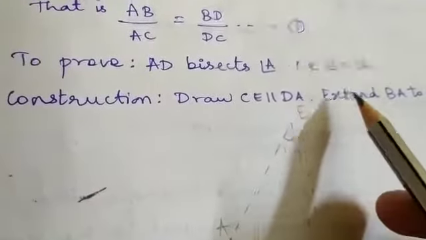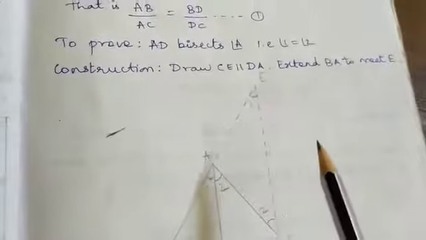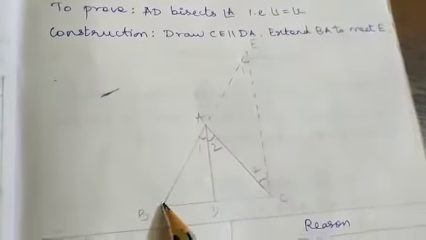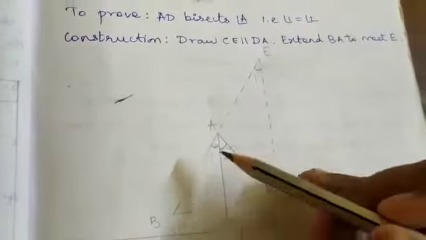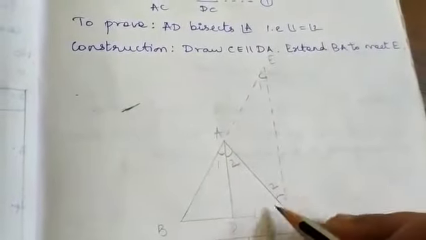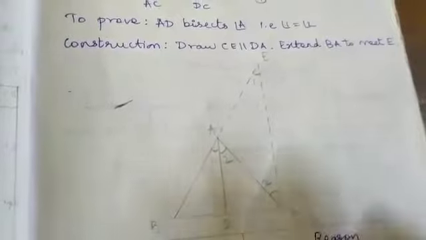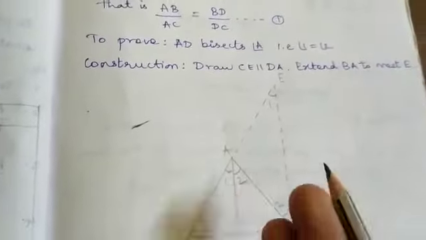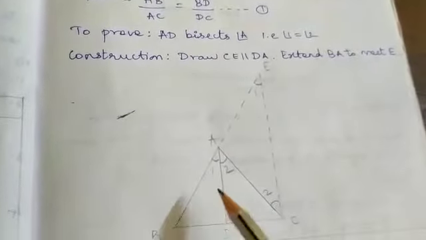Construction: draw CE parallel to DA, extend BA to meet at E. So this is our diagram. You know that AB by AC equal to BD by CD, it is given. In the last theorem we had to prove this thing.